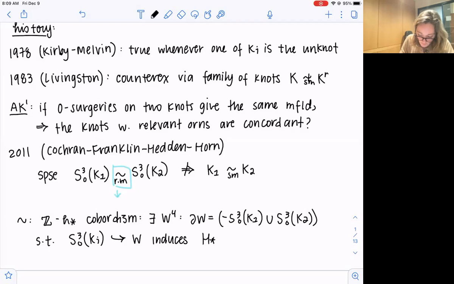So that's just homology cobordism in general. And since we're saying integer, that just means with integer coefficients.